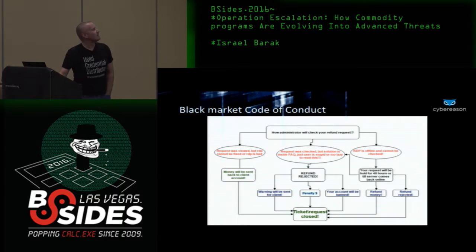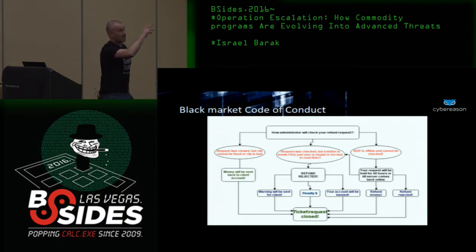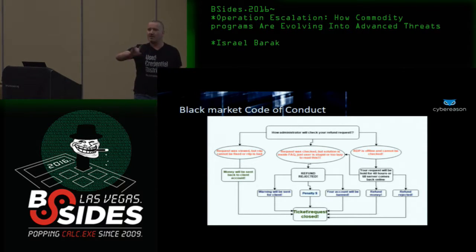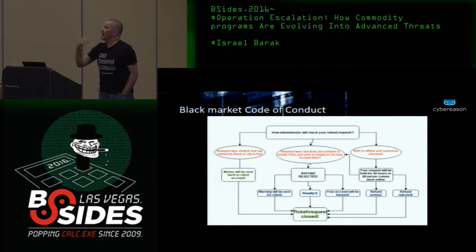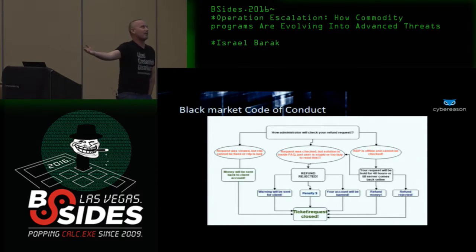Okay. Next piece of code of conduct, and that's what I love about this, is they've taken the read the manual procedure into really where it should be. And you can see it in the middle. We checked your request. Typically, my credentials don't work or my IP doesn't work. I can't connect to the RDP that I bought.